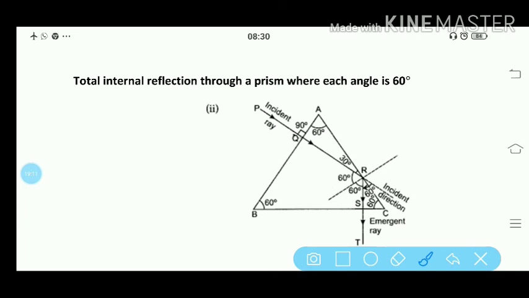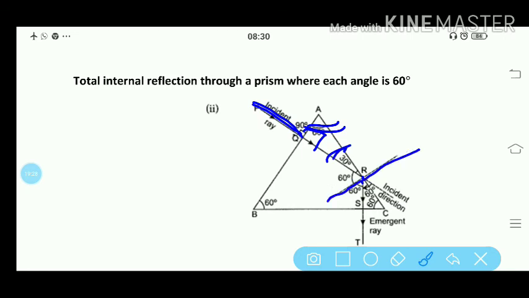Once again, this ray PQ was coming normally, so it passes undeviated and strikes this point. What happened after here? Since this angle was 60 degrees and this is 90 degrees, this will be 30 degrees.